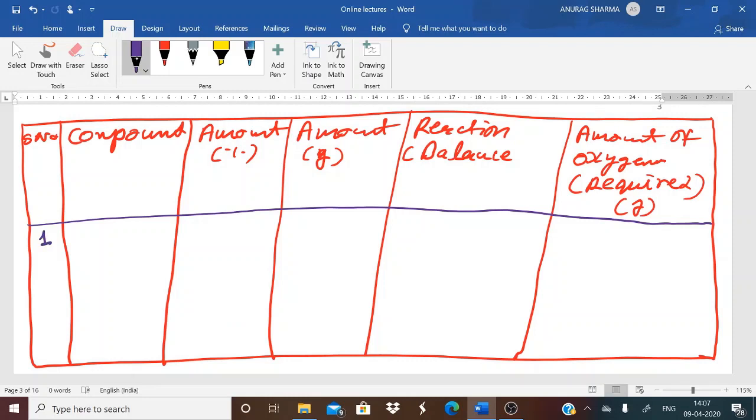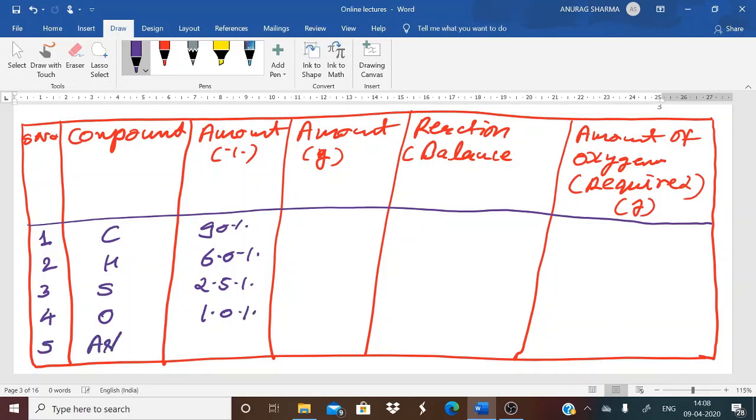First is carbon 90%, and second is hydrogen 6%, and third one is sulfur, which is 2.5%, and next is oxygen 1%, and fifth is amount of ash 0.5%.